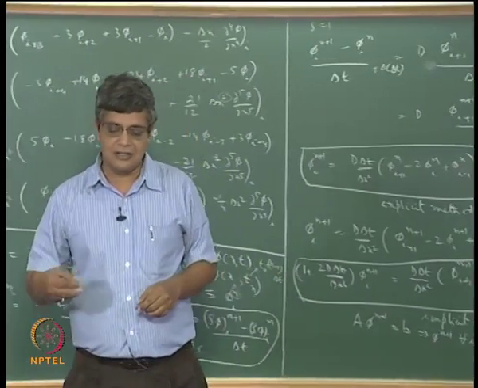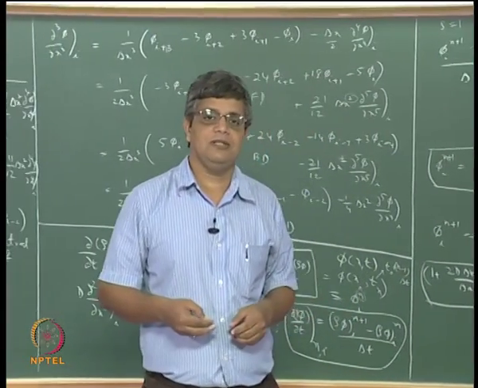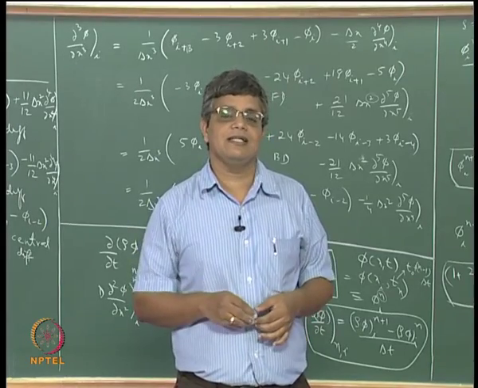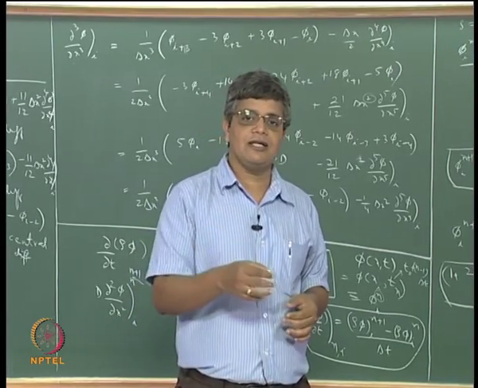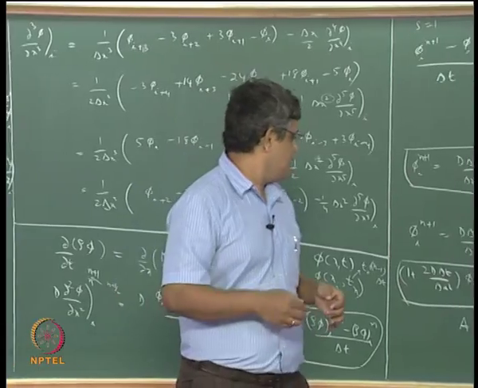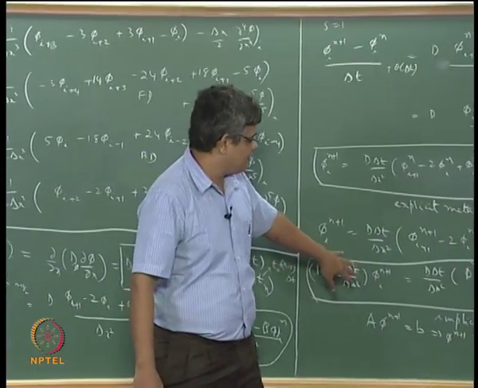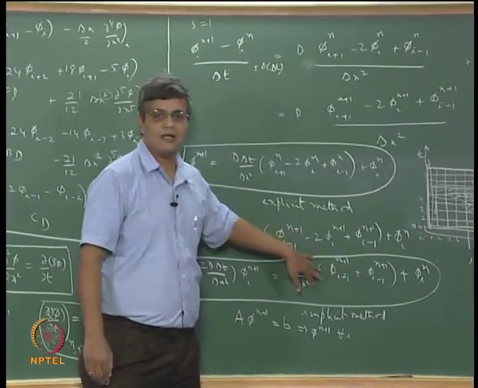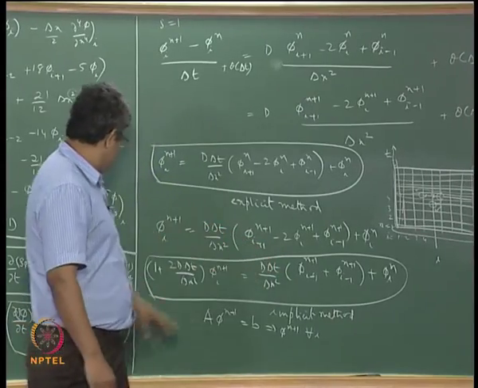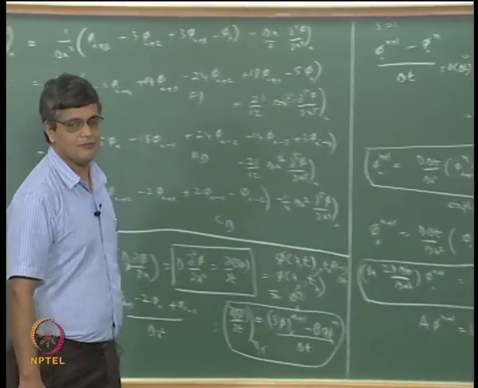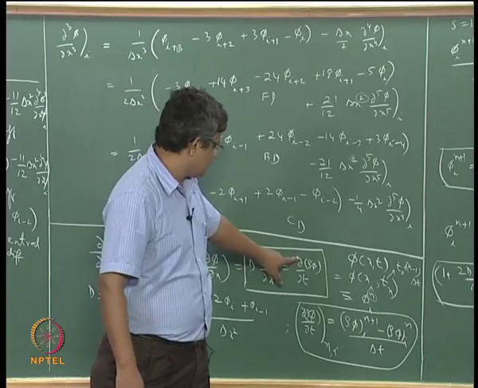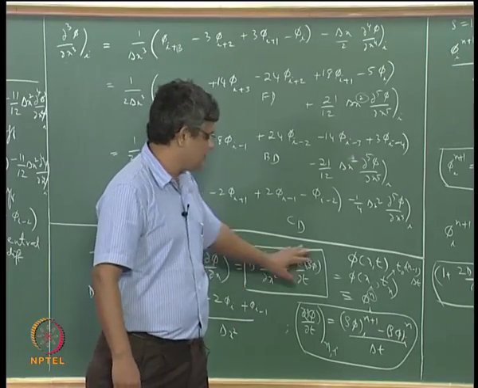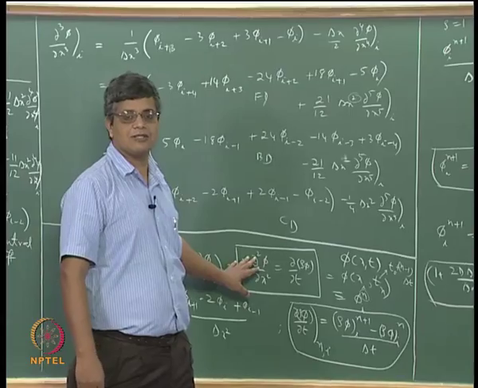So, is the current estimate better than the old estimate? We can't say that it is more accurate, but what we know is that the current derivative, based on the current estimates of the values, will not be violating the conservation law, because both the left hand side and the right hand side are evaluated at the same time step, n plus 1.